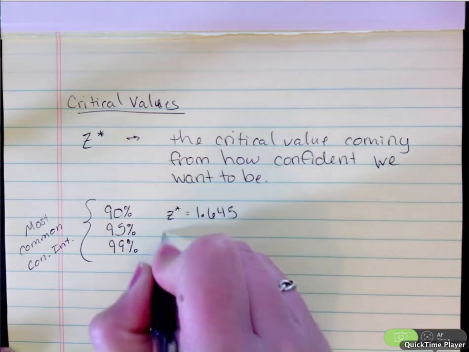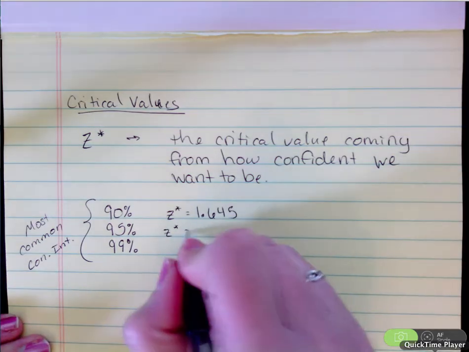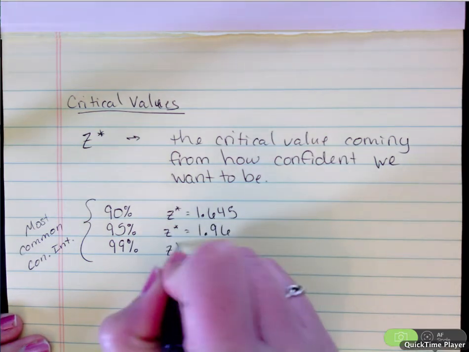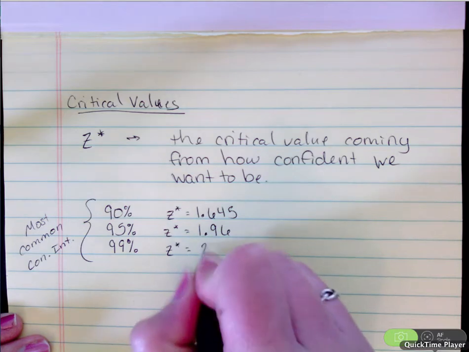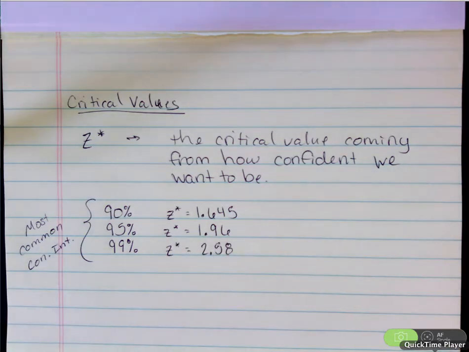These could be found on your table, but for these 3, it's best to just know them, because when we find them on the table, we actually estimate a little bit. So we want to know the exact critical values.